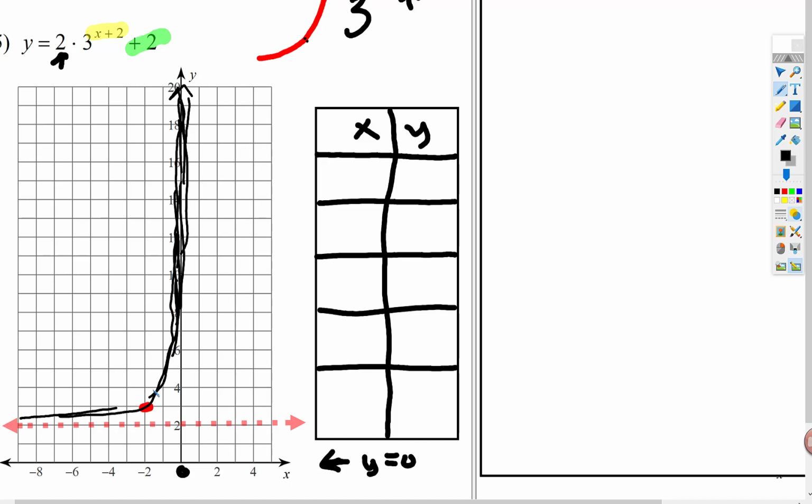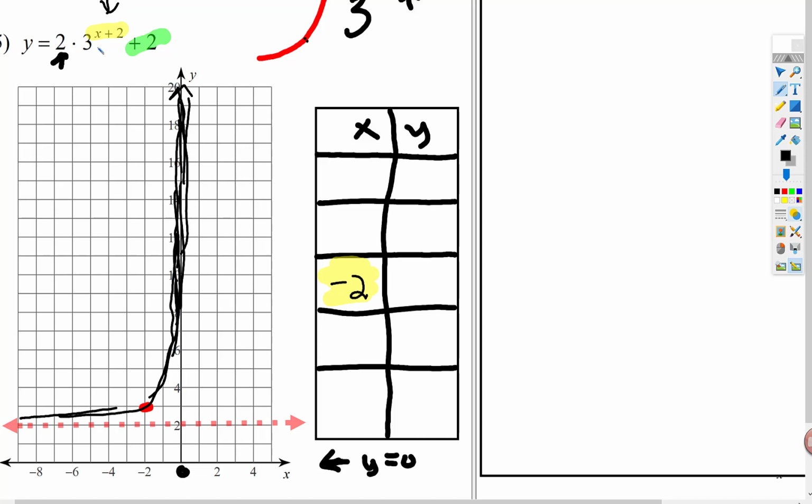And if you want to know where the values are exactly, so you're not guessing or so you're not way off, you really should be doing a table of values. So the middle value right there is whatever zeroes out the exponent. In this case, it was negative 2.